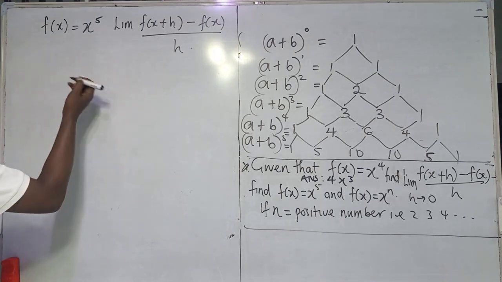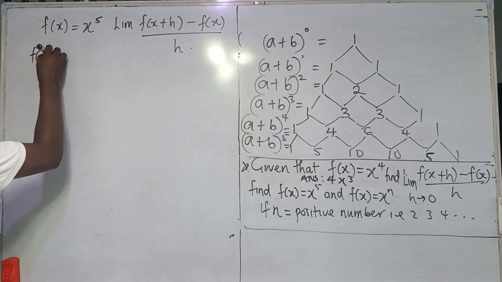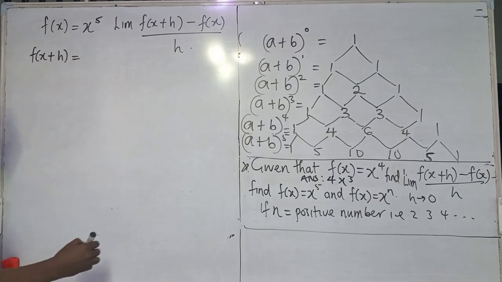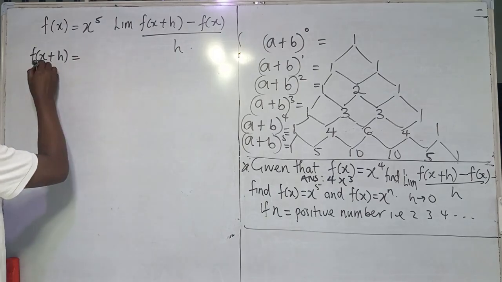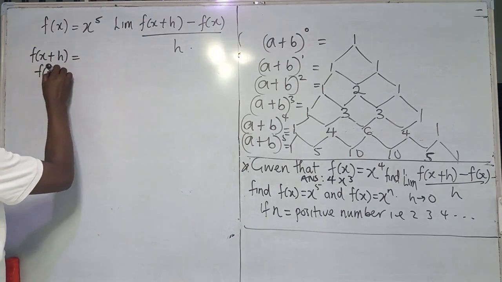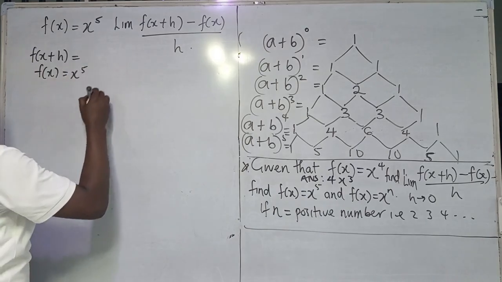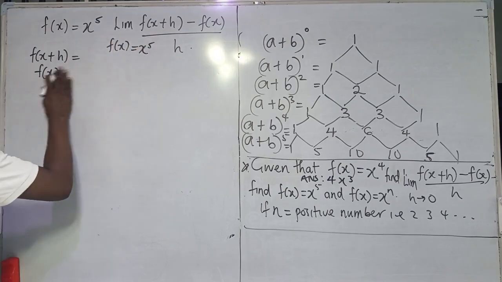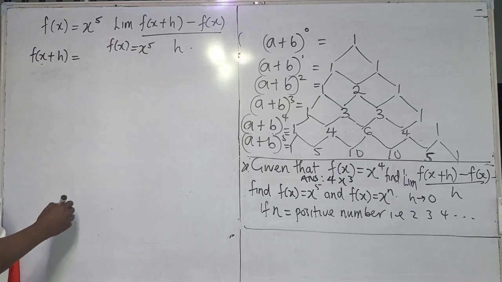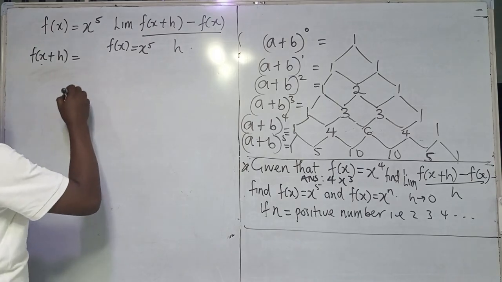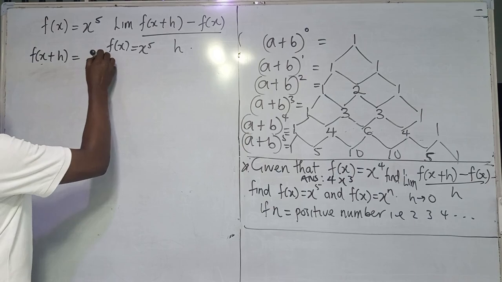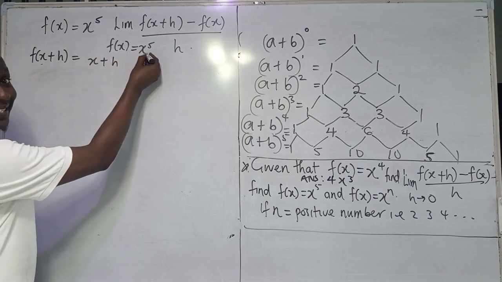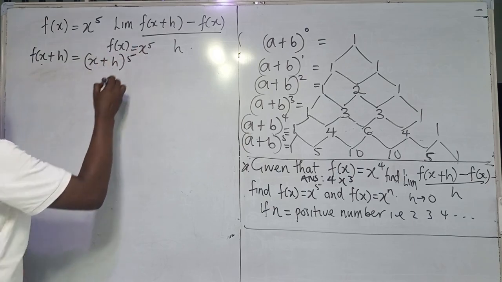If I expand it, then you finish it up. What is f of x plus h? If f of x equals x to the power 5, what is f of x plus h? It will be x plus h substituted for x, all to the power 5.